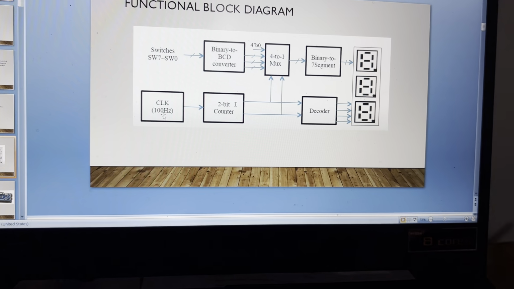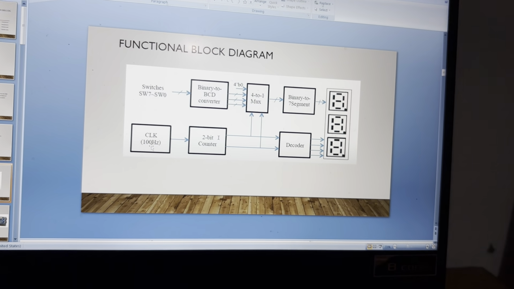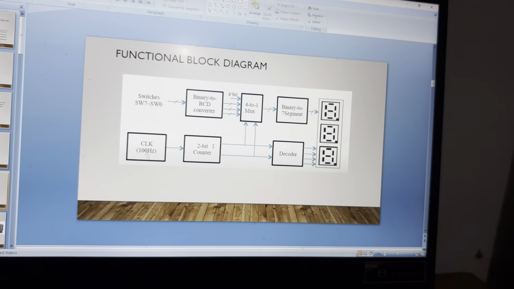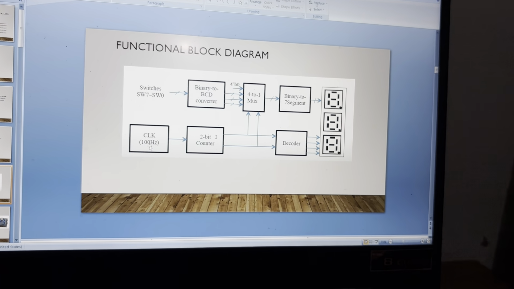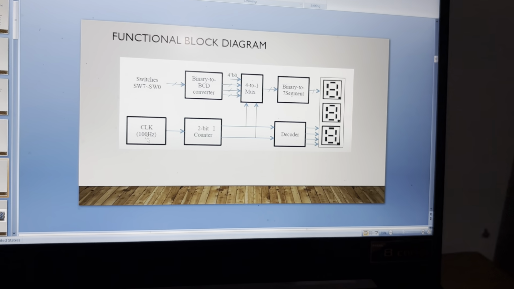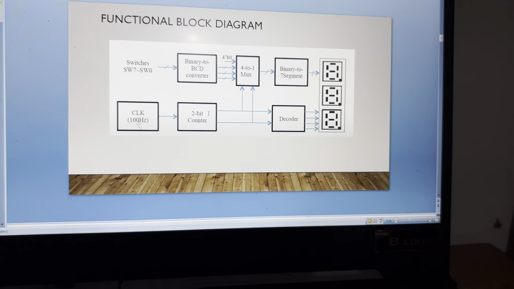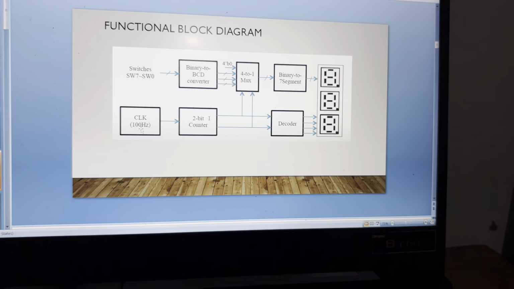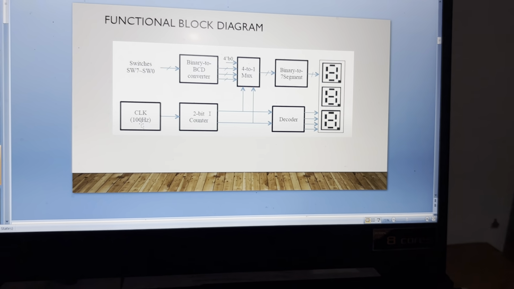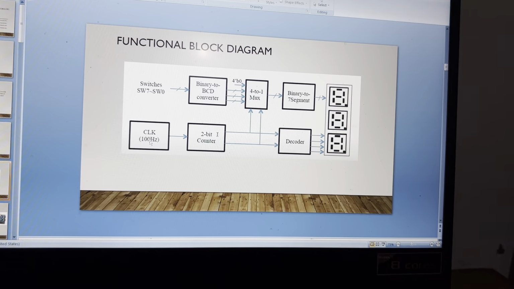The reason is that our Basys 3 board has an inbuilt 100 megahertz clock. At that clock frequency it is very difficult to display something on our 7-segment display. So we have lowered the refresh rate to 100 hertz.